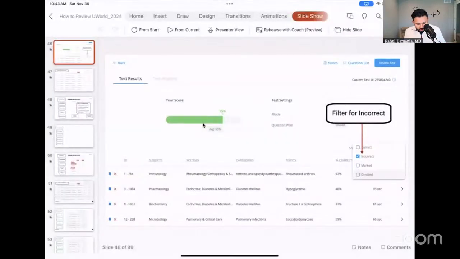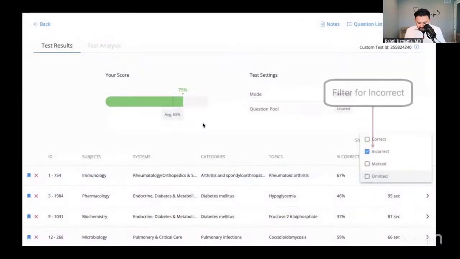But what you really want to be doing is filtering all of your incorrects first, because you're going to start with your incorrects. Then you're going to go to the marked questions. And then you are going to go through a rapid review of your corrects. So in this analysis view, this is where you're just going to filter incorrects.